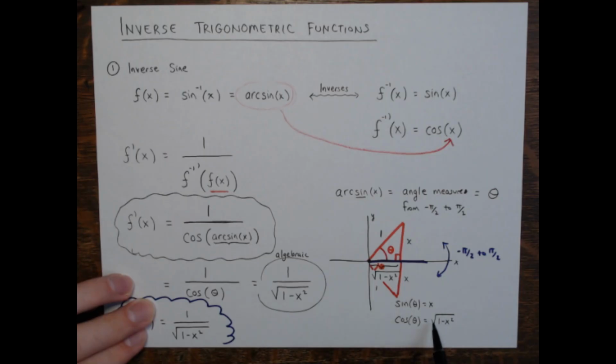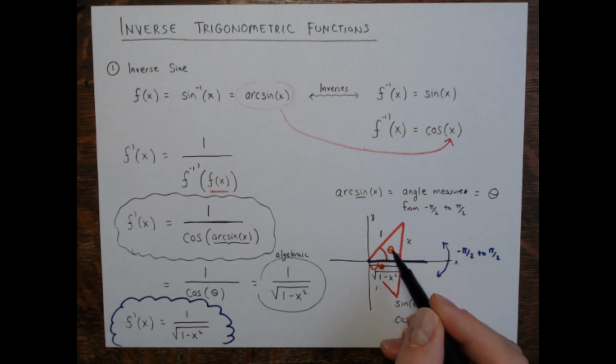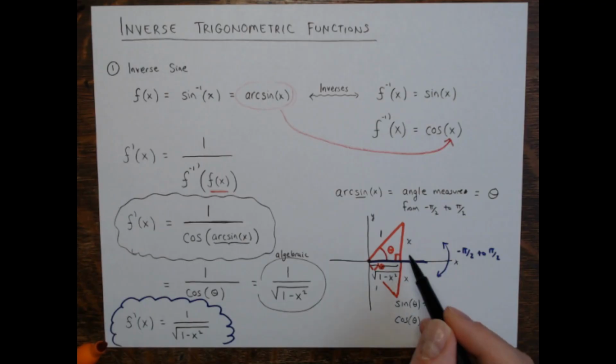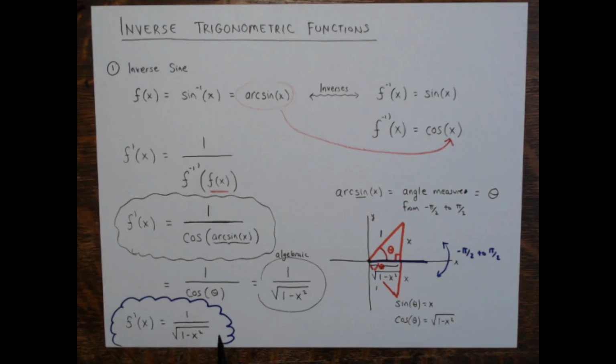So my cosine would still be this positive quantity, root of 1 minus x squared all over 1. So it wouldn't change, no matter what piece of the negative pi over 2 to pi over 2 we were part of. So same derivative each time.